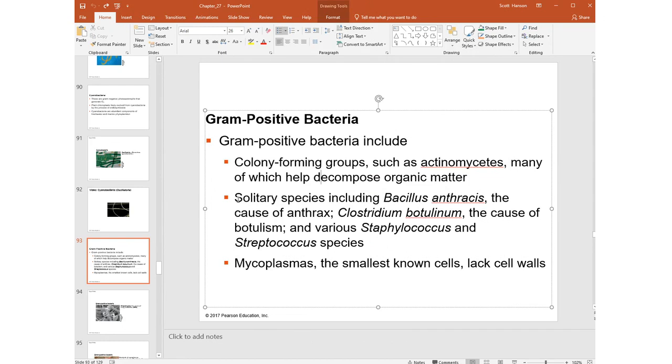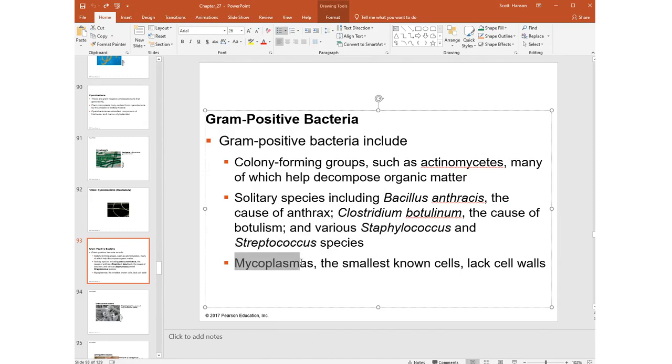There are also solitary species that are not colony-forming, like Bacillus anthracis, that causes anthrax, or Clostridium botulinum, the major cause of botulism or food poisoning. There are different types of Staphylococcus that cause staph infections, and Streptococcus that cause strep infections, like strep throat.